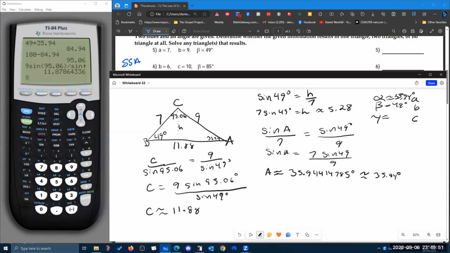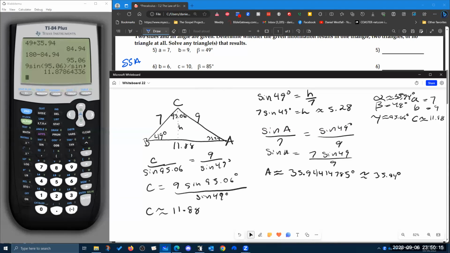And gamma was about 95.06 degrees. And a was given to be 7, and b was given to be exactly 9, and c was calculated to be about 11.88.